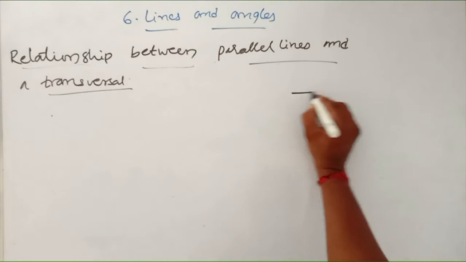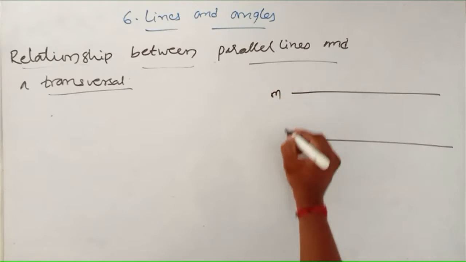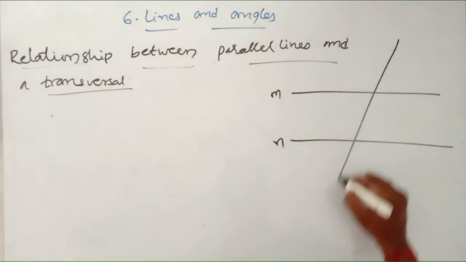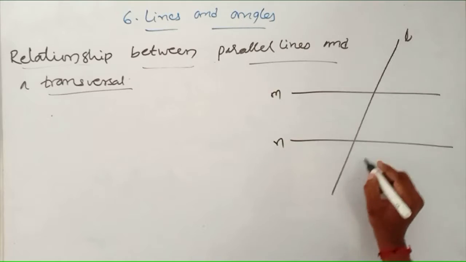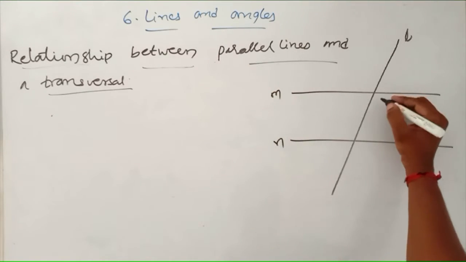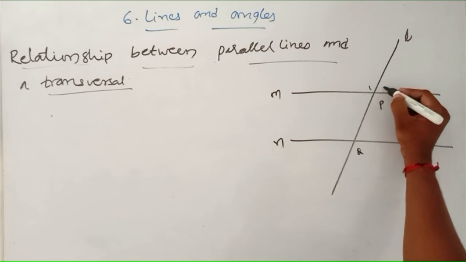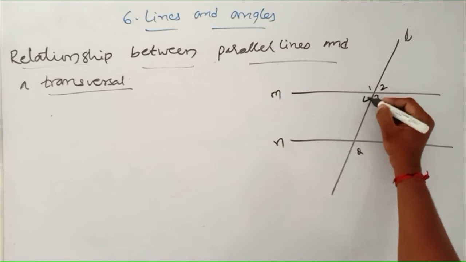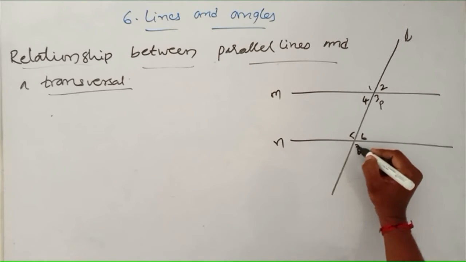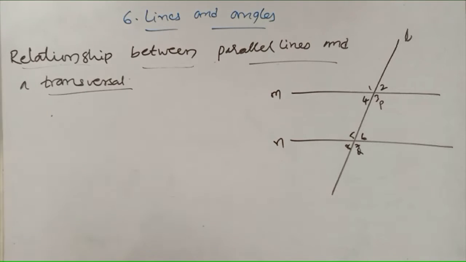Here I am taking two parallel lines. M and N are two parallel lines and L is a transversal. If L is a transversal meeting M and N at two distinct places, P and Q, then totally 8 angles are formed, angle 1, 2, 3, 4, 5, 6, 7, 8. Based on these 8 angles, we are going to find the relationship.